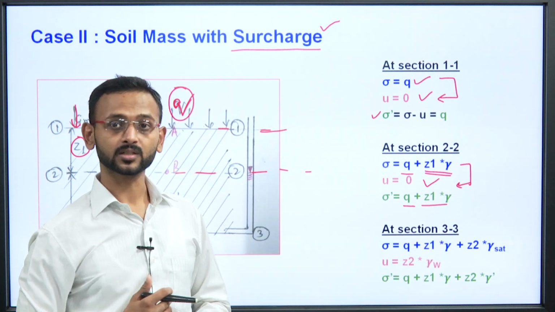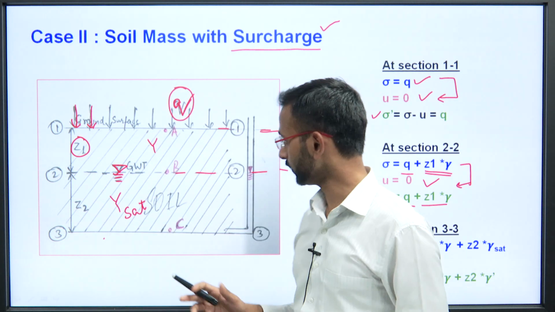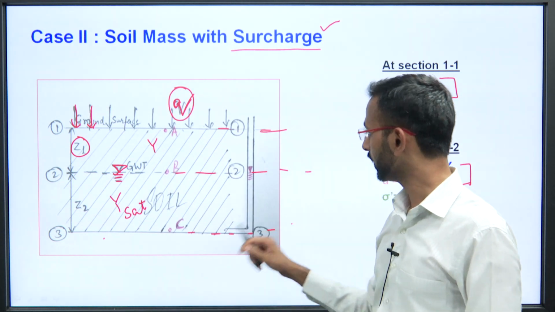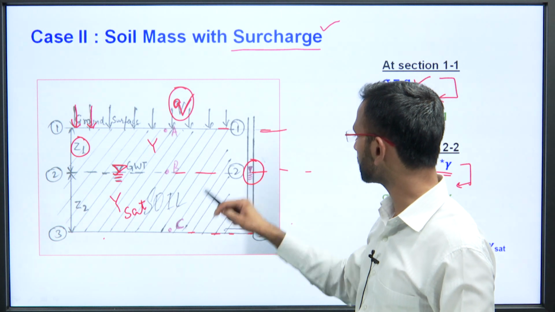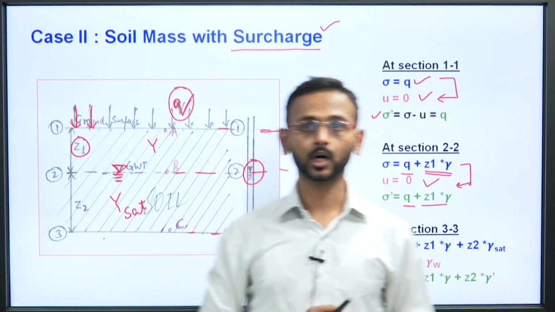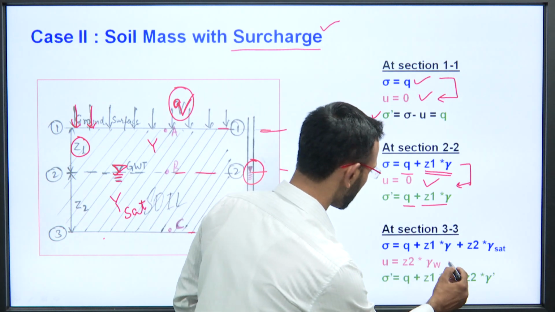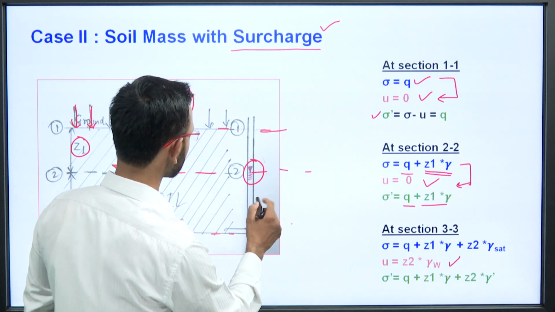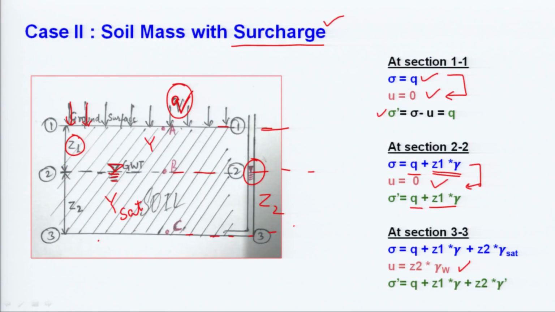Now, understand this third section here, that if we take this third section, if we place a piezometer, the water rises to this here. So, we can simply say the pore water pressure will be Z2 into gamma W, because this is the height Z2 and this is the water unit weight, that is gamma W. When you talk about the total stress, that will be Q, very first thing, and then Z1 into gamma, because of the section between 1.1 and 2.2 section, the soil mass which is having unit weight of gamma, and then this Z2 into gamma saturated.